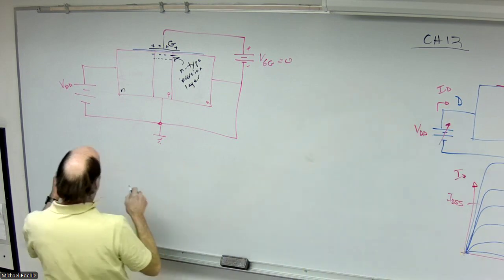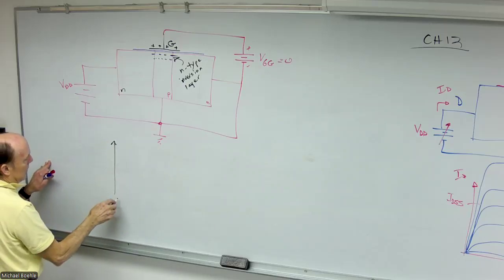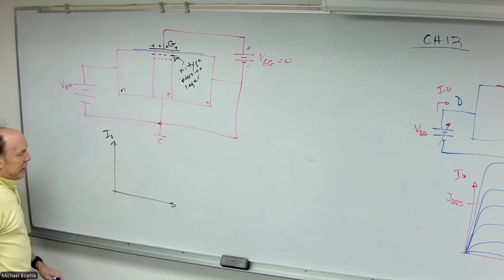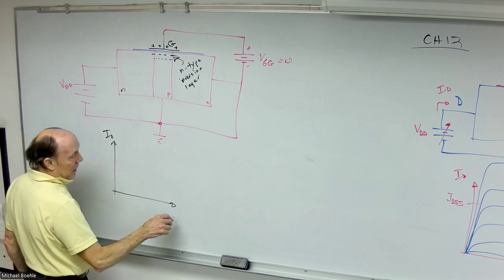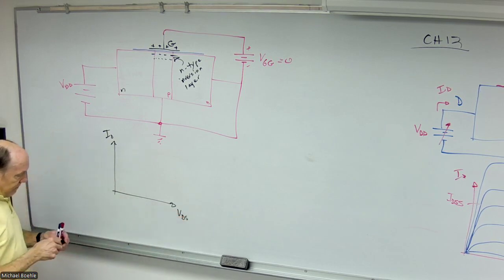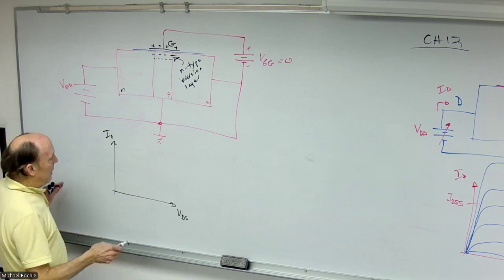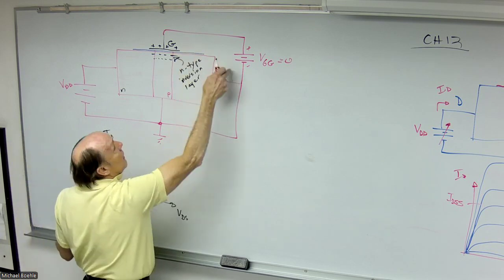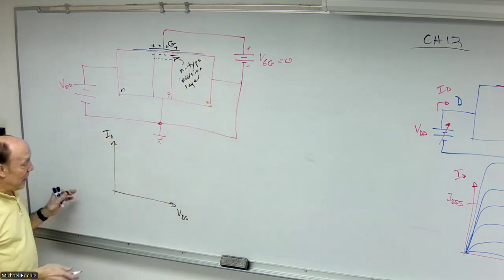So in terms of what that picture looks like, when we look at the amount of drain current that we get versus the drain source voltage, initially, I got nothing.